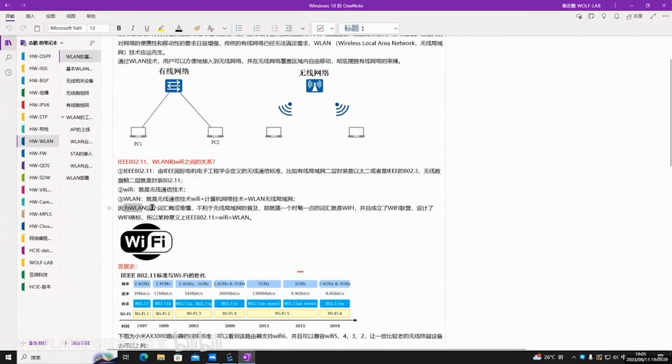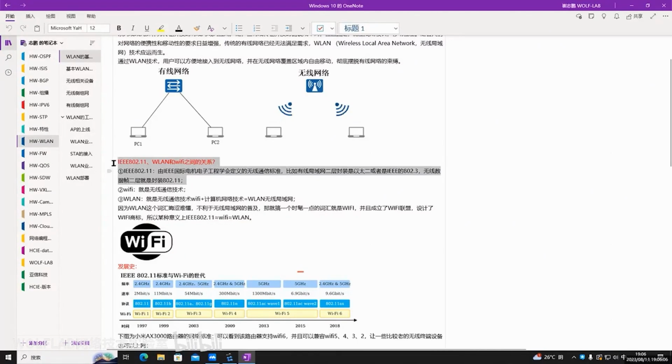So a more trendy term called Wi-Fi was coined, and even a Wi-Fi Alliance was established. They designed a Wi-Fi logo that looks like this. So, in a sense, IEEE 802.11 is equivalent to Wi-Fi and also equivalent to WLAN. These are some of the terms we often encounter when studying WLAN. You should get to know them.